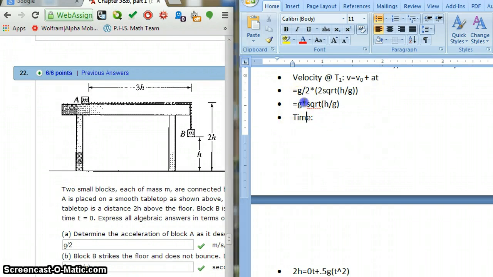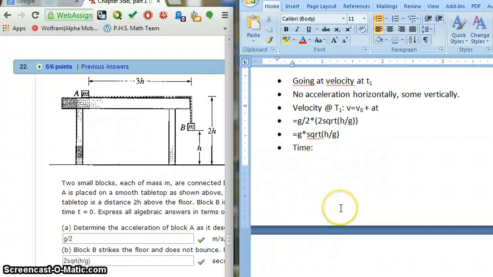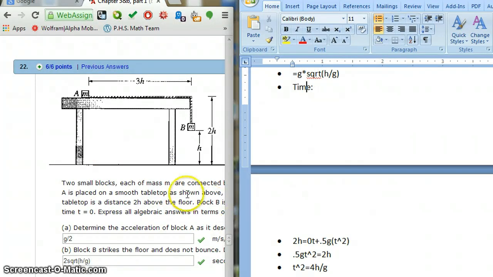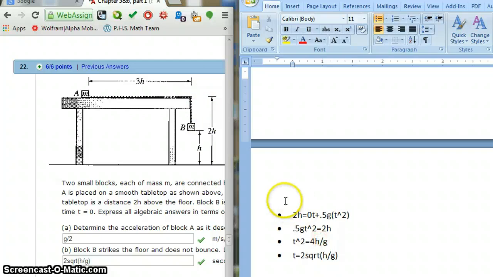And now we have the velocity right here, so what we do have to find is the time. Here I'm plugging this into another kinematic equation, which is the amount of time that it takes A to drop once it goes off the edge of the table right here. It will fall 2h. So 2h equals 0t, because this is in the y direction only right now, plus 0.5g t squared.